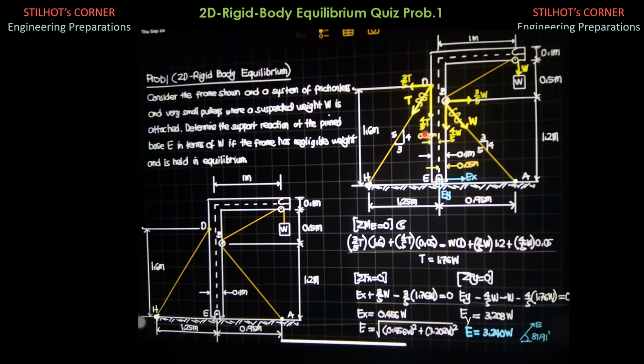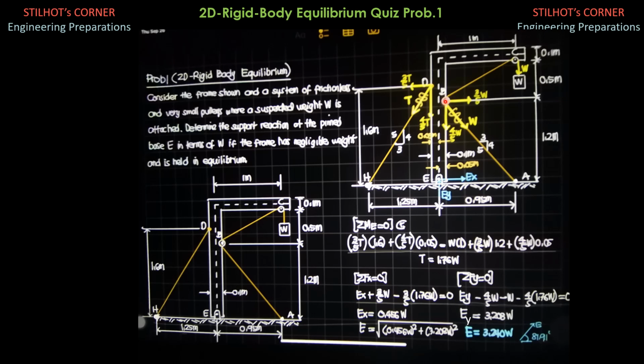We then resolve T into its components, namely T times 3 over 5 for the horizontal component of T. For the vertical component of T, it is T times 4 over 5. It's now represented here, so we remove this.